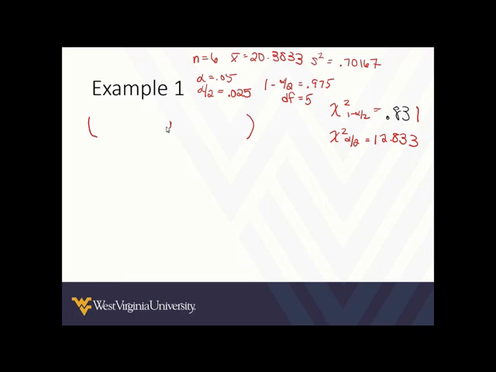And so now to construct our confidence interval, on top we have our 6 minus 1 multiplied by our sample variance. And we can copy this on both sides. Our chi-squared alpha over 2 was that 12.833, and then the chi-squared of 1 minus alpha over 2 was 0.831.